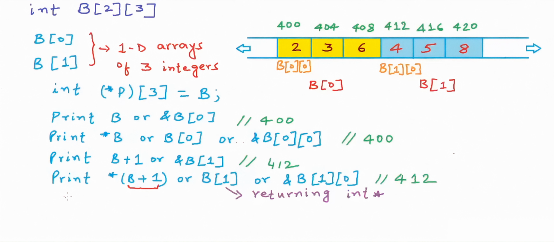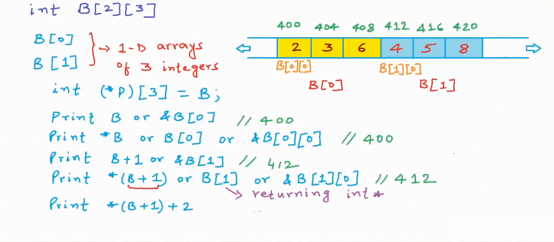Okay, now you need to gear up because I'm going to give you some tough ones to decode. What will be the output if I print *(B + 1) + 2? Take some time and think about it. *(B + 1), as we saw above, will return an integer pointer to the first integer in B1, to the integer at address 412.